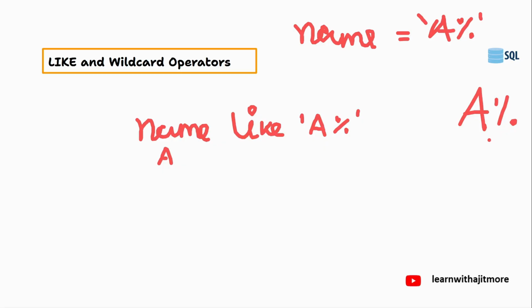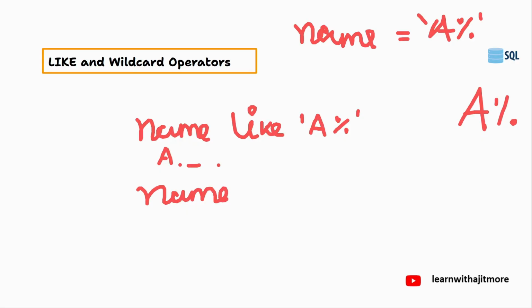It will try to match the name exactly two characters: first character A and second is percent. Such names are not there. So actually you don't want to match the name with A percent. You want to match names starting with A and after that any number of characters, zero or more. So percent matches zero or more characters.